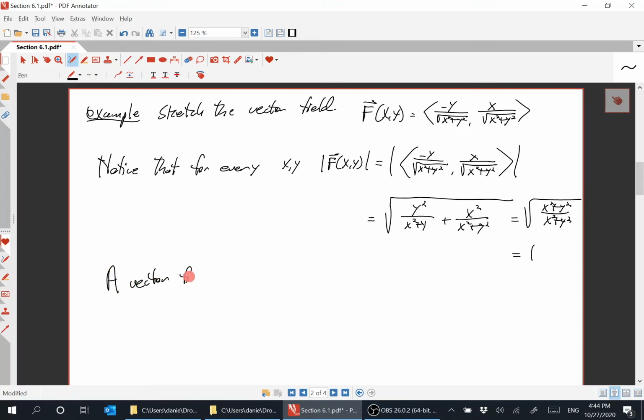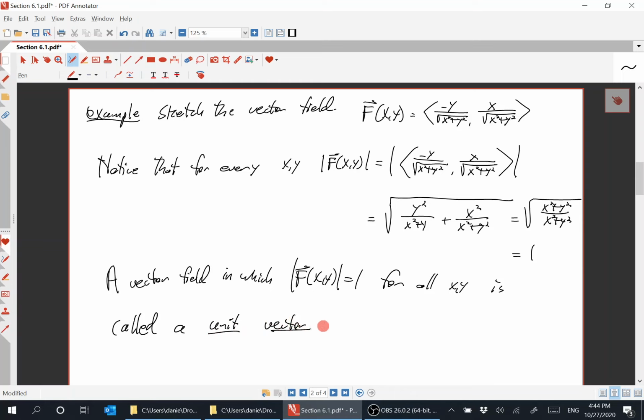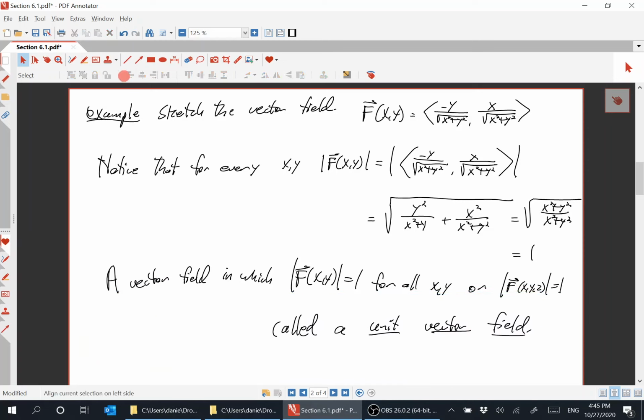So a vector field in which the length of F is 1 for all x, y, or the length of F is 1 for all x, y, z, is called a unit vector field.